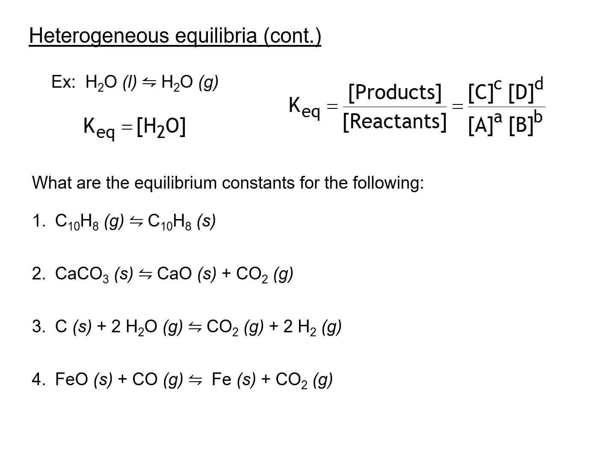So here we have some more examples. I just have the generic equilibrium constant expression up here at upper right. And have an example. Liquid water has an equilibrium value of 1. And I'm going to switch over to my pen.